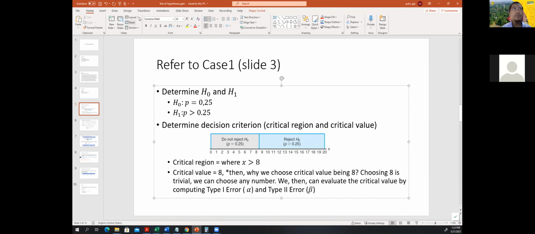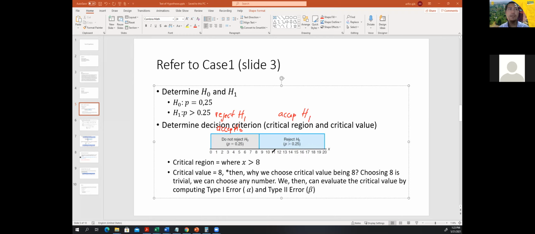Okay, please focus. In another way, we can also say here accept the null hypothesis, and this rejects the null hypothesis. In other words, this is reject the alternative hypothesis, and this is accept the alternative hypothesis. Okay, I hope it is clear.